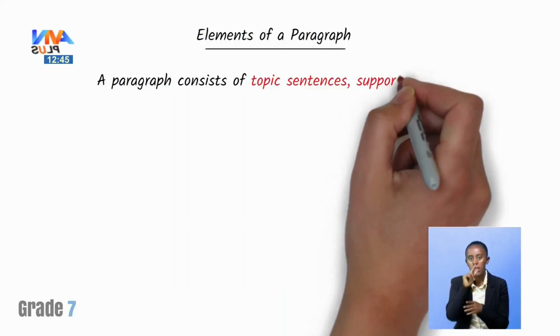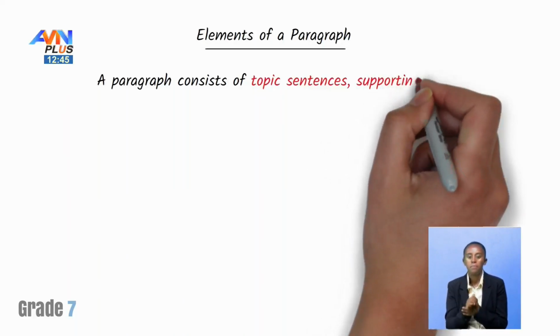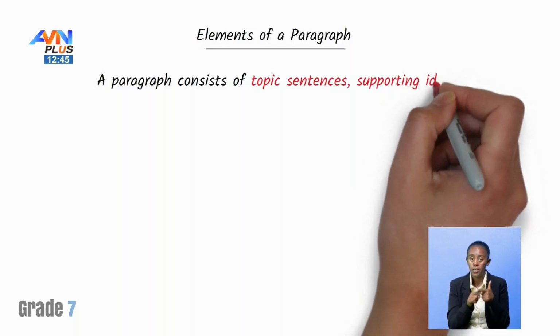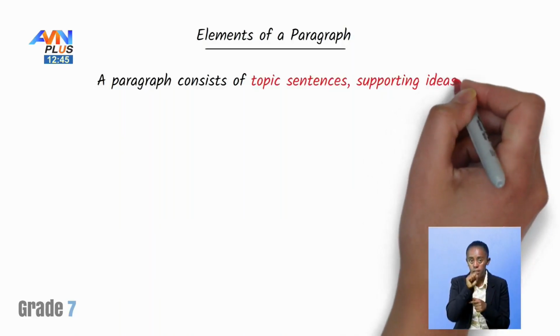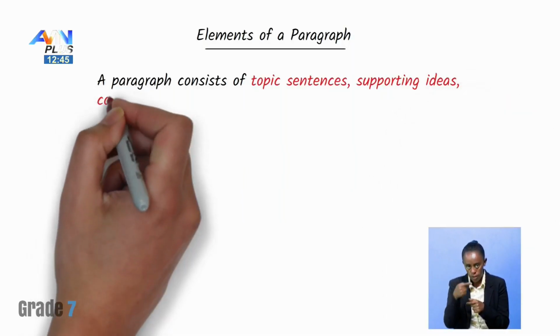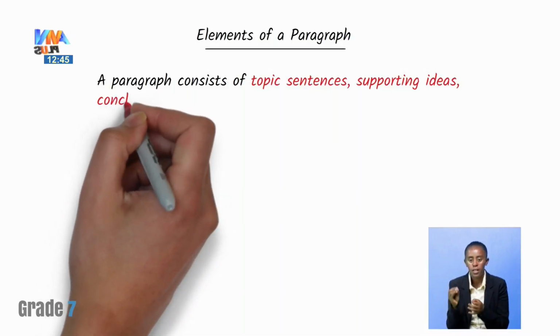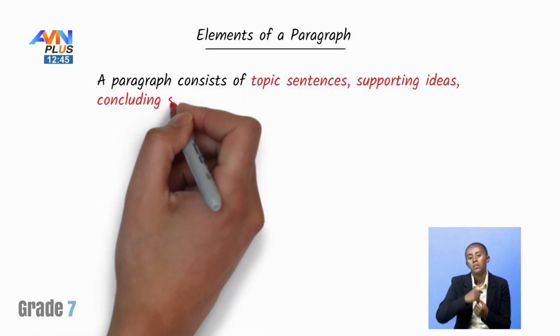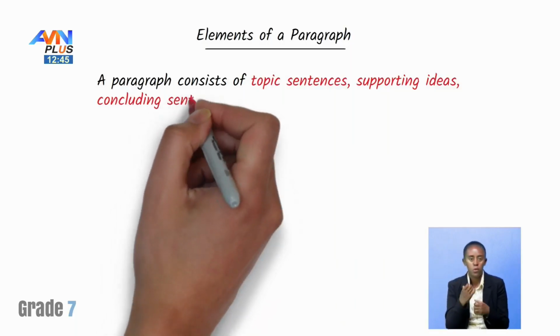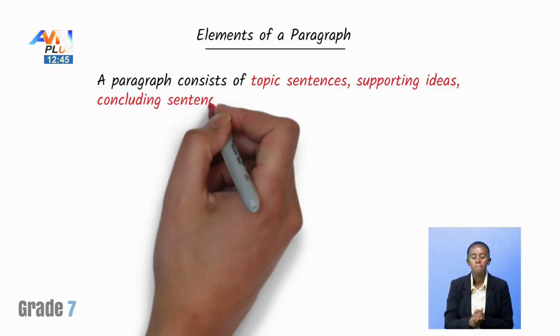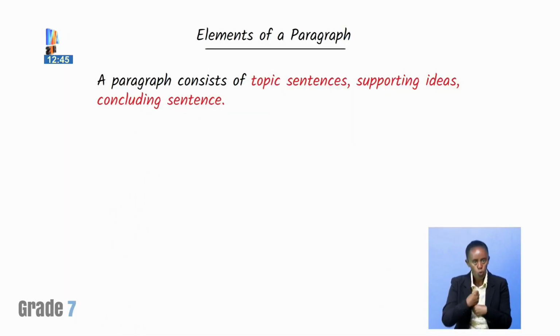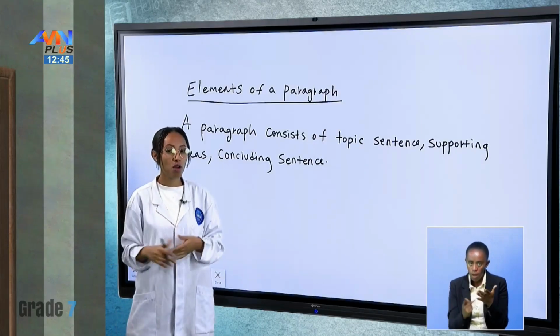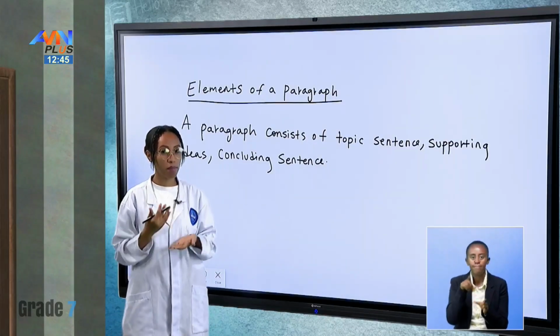The second one, supporting ideas or supporting sentences. And finally, a concluding sentence. These are all the things that a paragraph must have for it to become a paragraph.